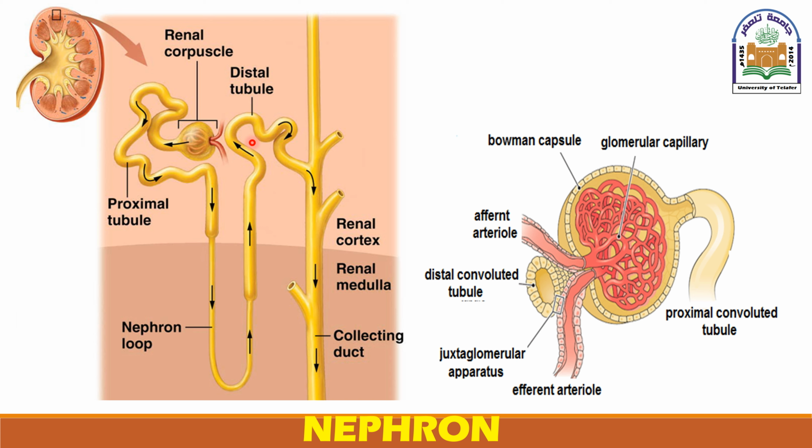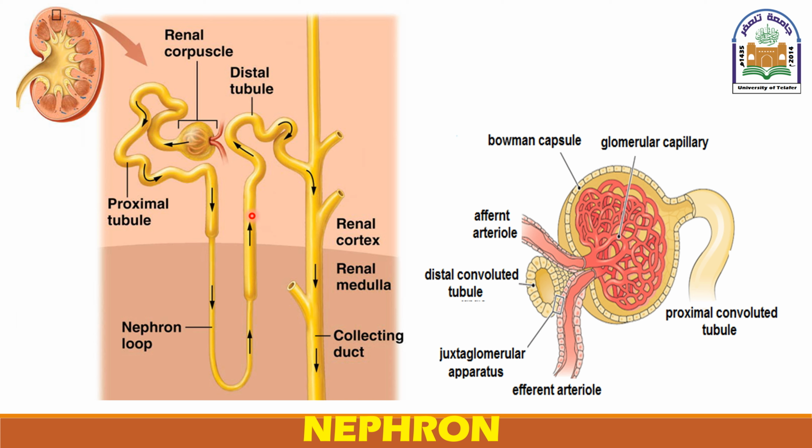Now, as I mentioned, the renal corpuscle consists of the Bowman capsule and the glomerular capillary, while the second part, the renal tubule, consists of the following areas. Number one, the proximal convoluted tubule. The second part is the loop of Henle, a U-shaped loop, which consists of a thin descending segment, a thin ascending segment and a thick ascending segment.